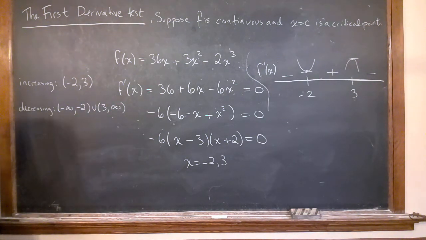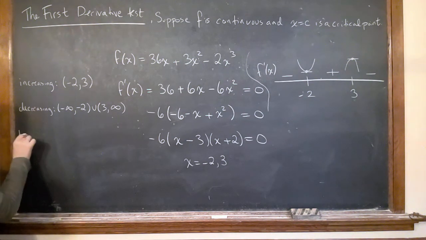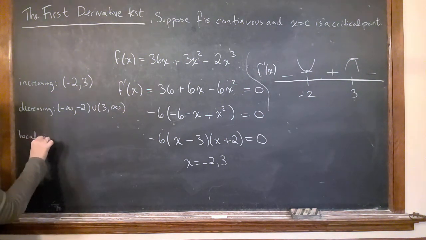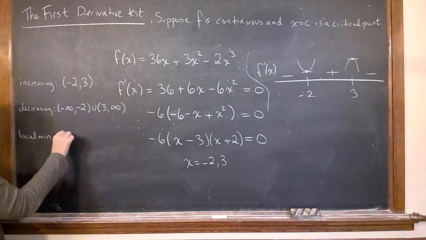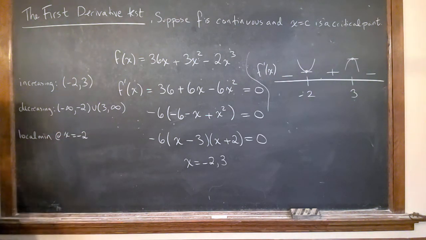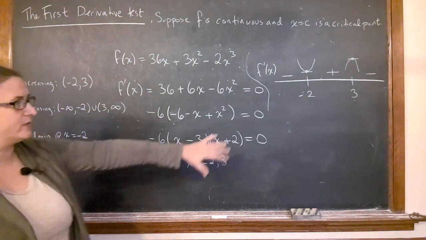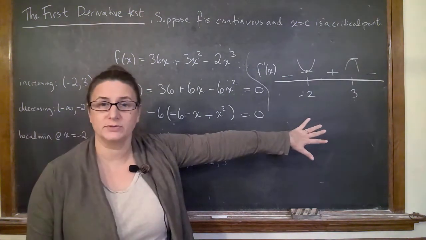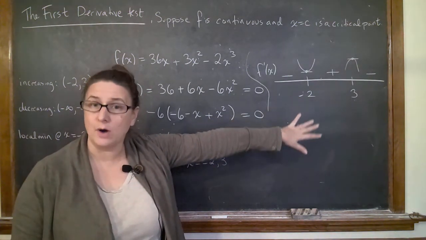I've got a local minimum at x equals -2, but they're going to want to know the value of that minimum. This just tells me where the minimum happens, at x equals -2. It's not telling me the y value.